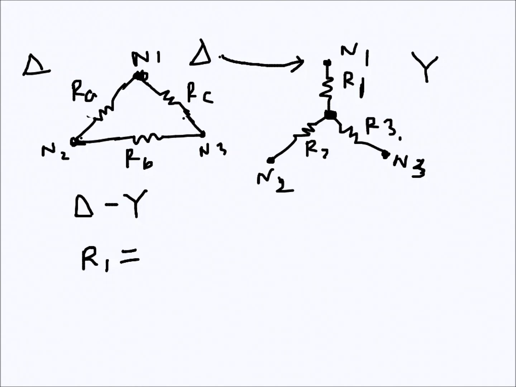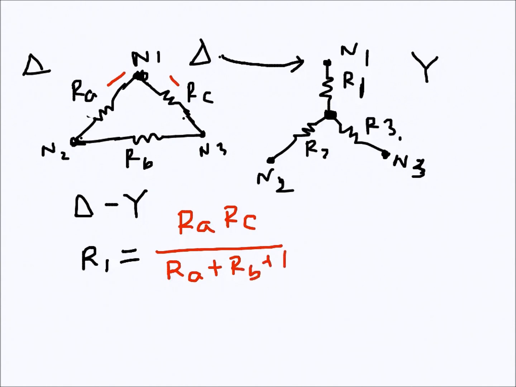So RA is connected here and RC is connected here. So what has to be done is RA and RC go on top in the numerator. In the denominator, it's always the sum of the three, like that, RA, RB, RC.